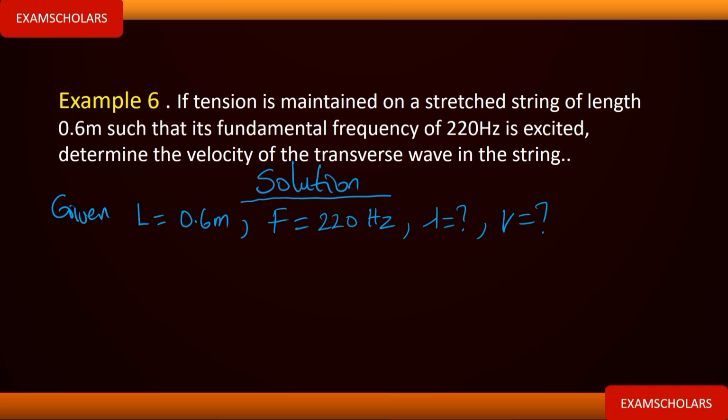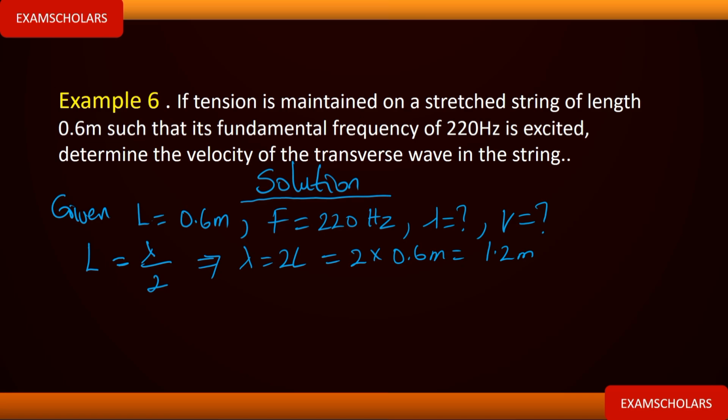For the fundamental frequency of vibration of string, we all know that L is equal to lambda over 2. So when we find the value of lambda, lambda will be 2L. Now substitute the value. You have 2 multiplied by 0.6 meter, and that is 1.2 meter.